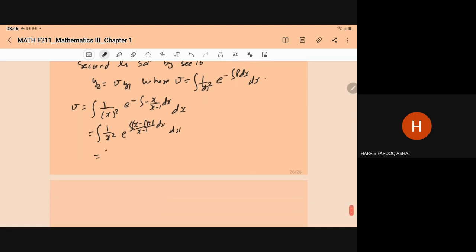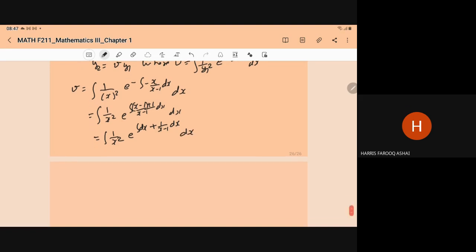So this will come 1 upon x square, now e to power integral dx plus 1 upon x minus 1 dx into dx. So that is 1 upon x square e to power x plus log of x minus 1, and here we have the dx.